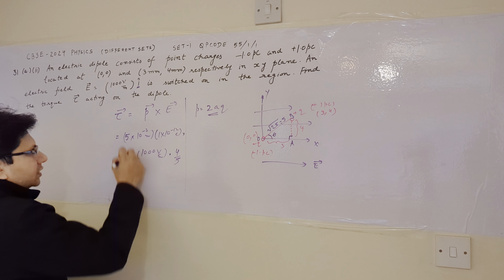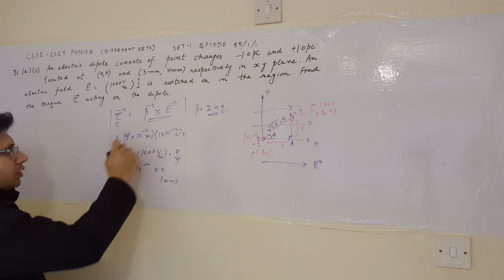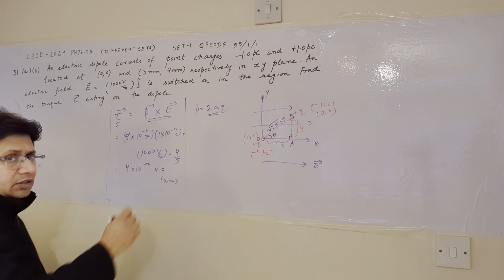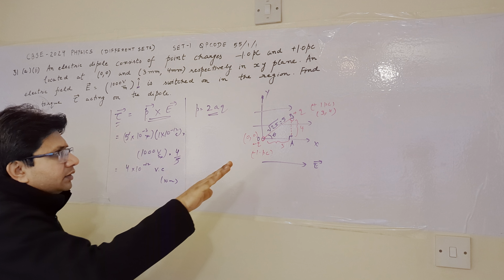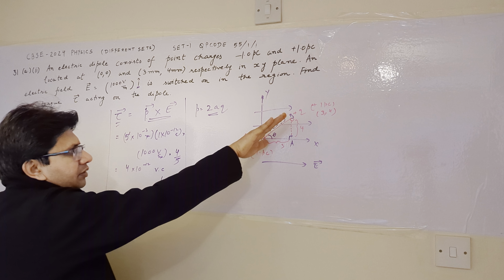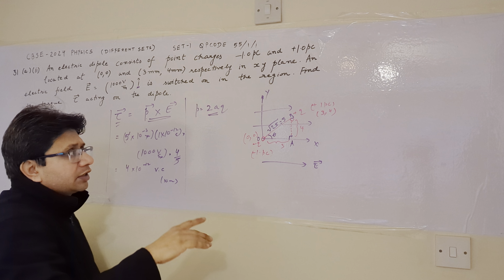We can easily calculate the direction by vector concepts. According to the vector concept, torque is a vector depending upon P and E, which are again two vectors. The direction of the torque is decided in such a manner that you place your right hand along the first vector, which is P. The direction of P, the electric dipole moment vector, is from minus q to plus q.